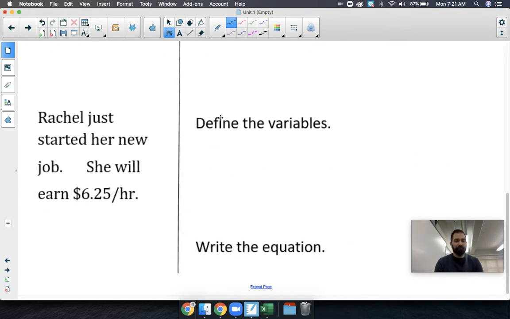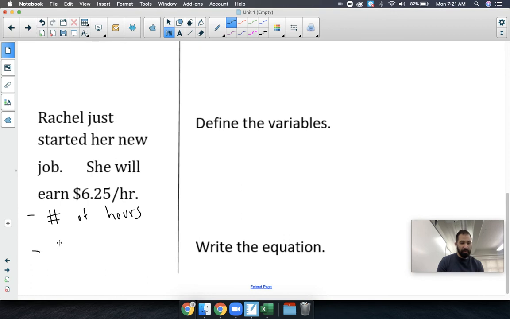So let's look at the second one here. Rachel just started her new job. She's going to earn $6.25 an hour. Okay, so we're going to define some variables. First thing we want to know is that we know that she has a certain number of hours worked.